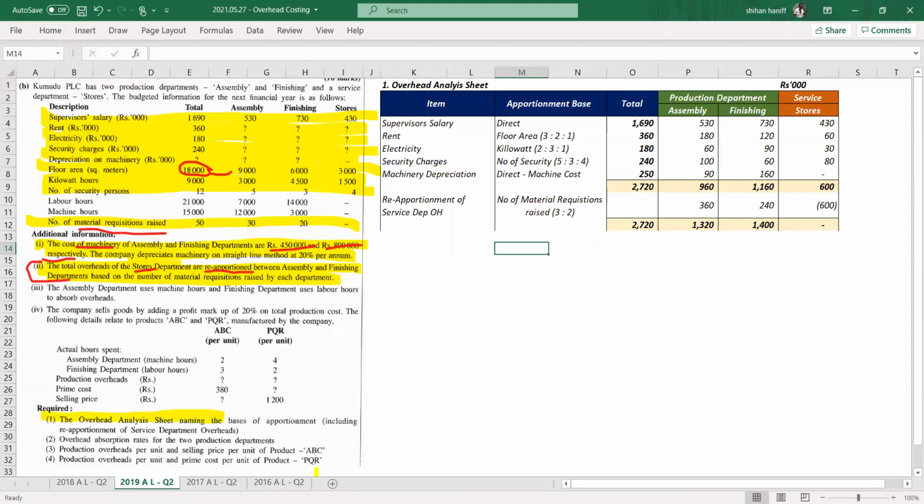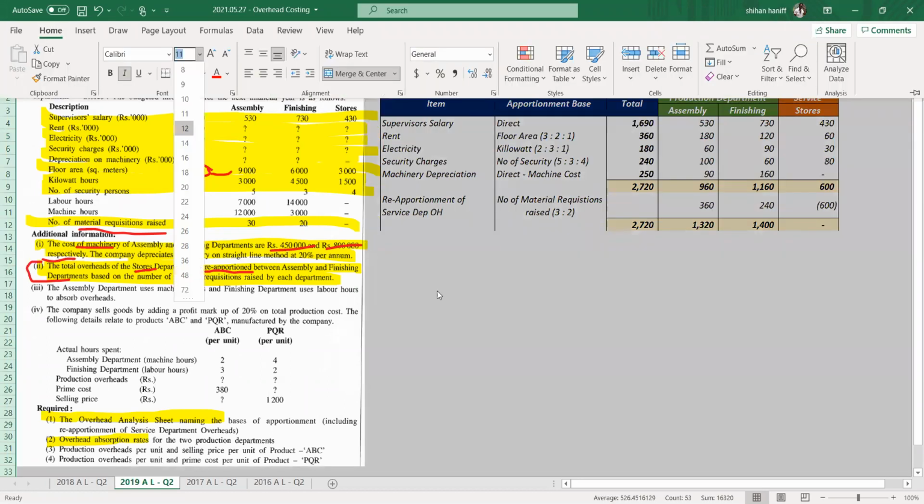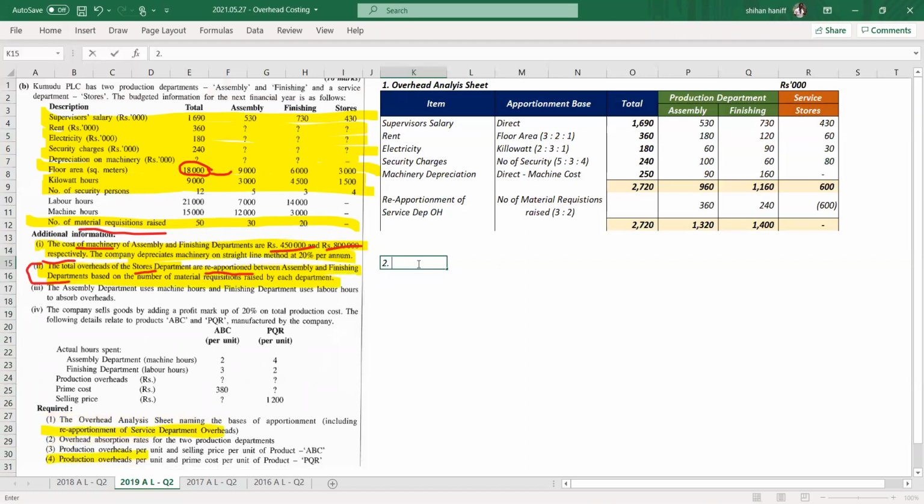Analysis sheet. Then the second question is overhead absorption rate.